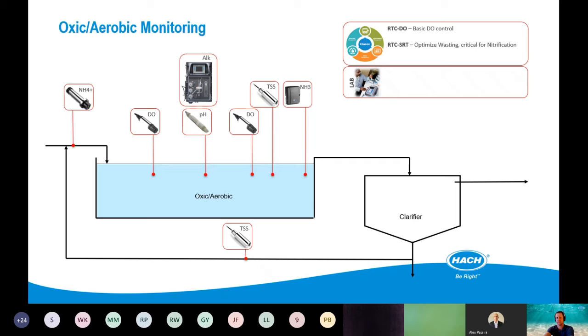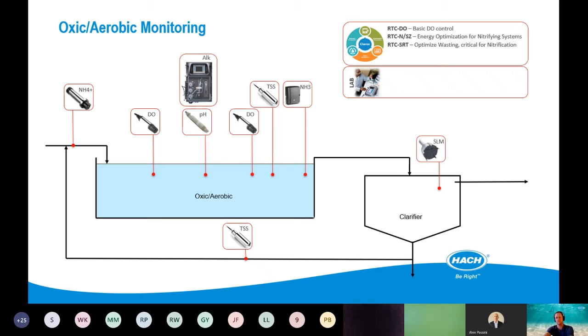And if we add in an ion selective electrode for ammonium as well, these two things combined with a solids sensor can create a situation where we can add in a RTC for nitrification, denitrification, where in this particular case, we may not even need to use DO anymore for control. We can use ammonia as a feed-forward, feedback, tightly controlled system, and only aerate as much as we need for proper treatment.